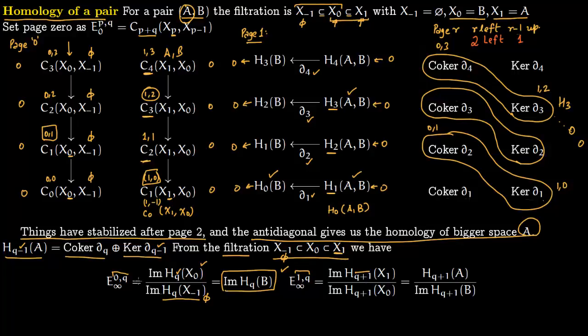For the 0th column you were considering this pair, now for column 1 you are considering this higher pair X_1. The column number 1 here is determining this pair X_1. So this is the image of H_{q+1}(X_1), which is precisely how H_{q+1} sits in X_1, but X_1 is the biggest space, so it's just A, so it sits inside by itself. So you have H_{q+1} of A because X_1 is A, and in the denominator you just put B.